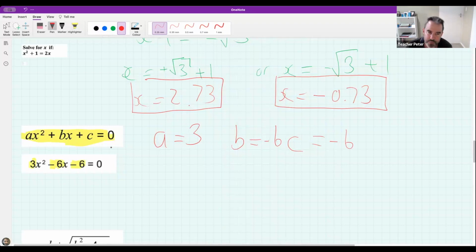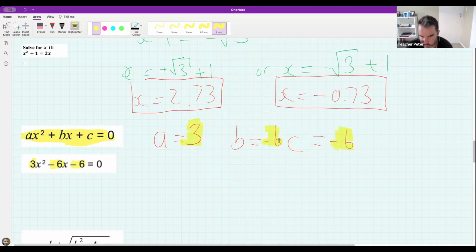Often, if we're going to use the formula, which is the tool I'm going to show you, the equation first has to be in standard form. Then you write down the values of A, B, and C, and you start to use them.